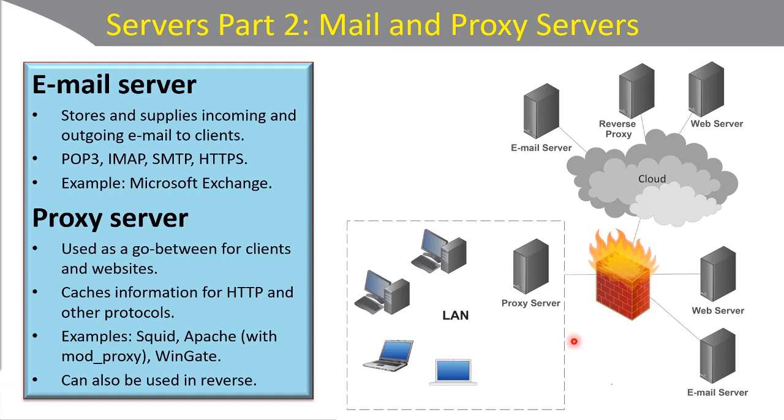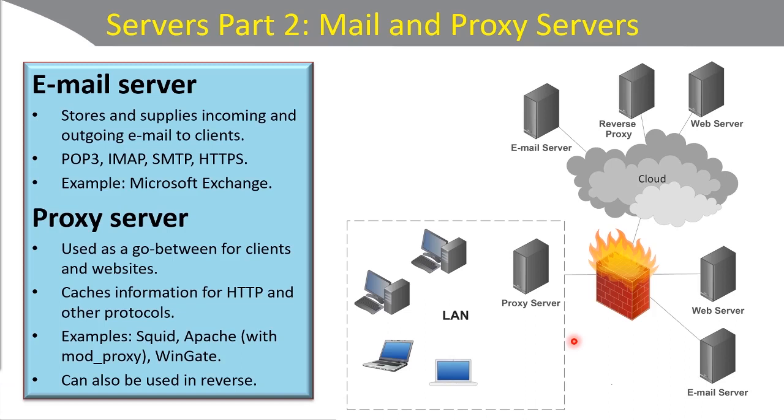Now, a proxy server is used primarily as a go-between for the client and the website accessed. It's commonly used to cache information so that another user accessing the same web page won't have to get it from the internet because it already exists on the proxy server, which increases general performance and efficiency.